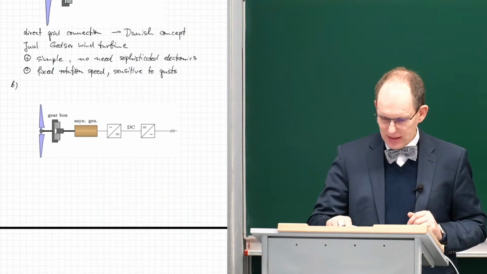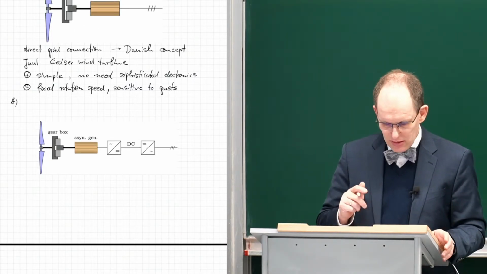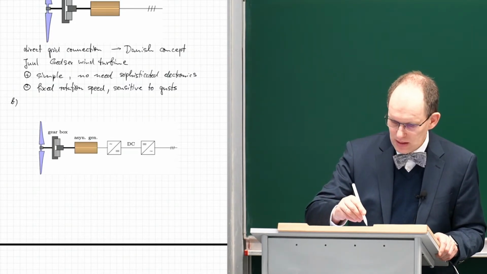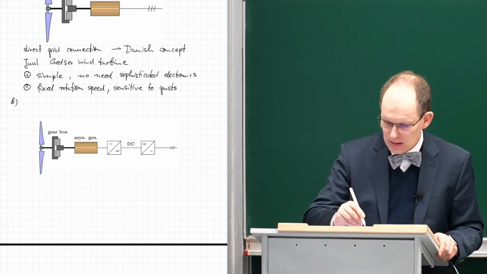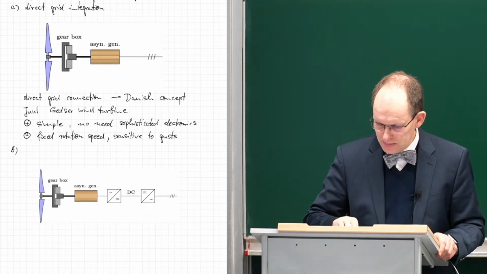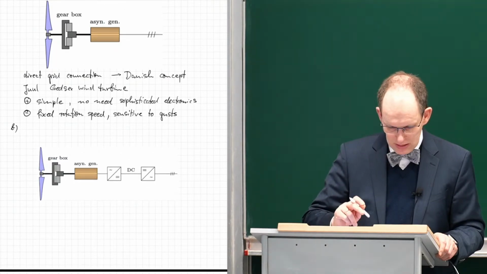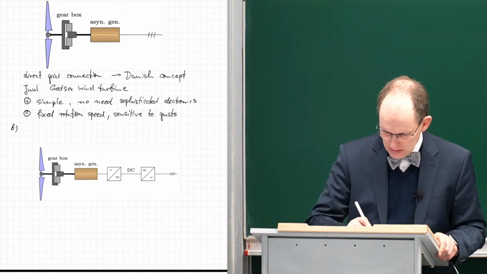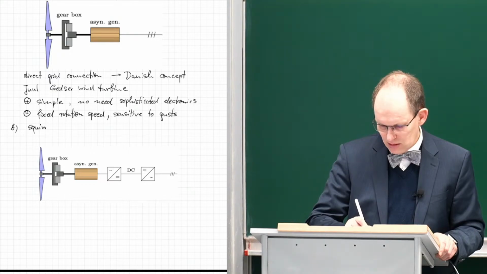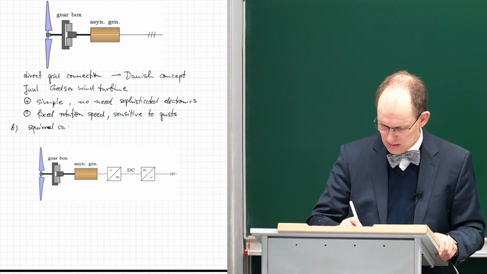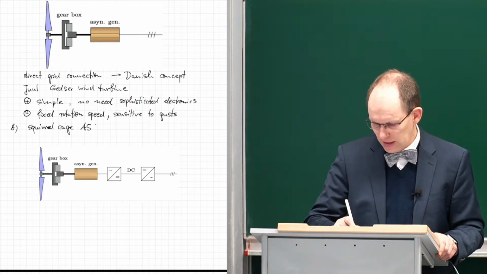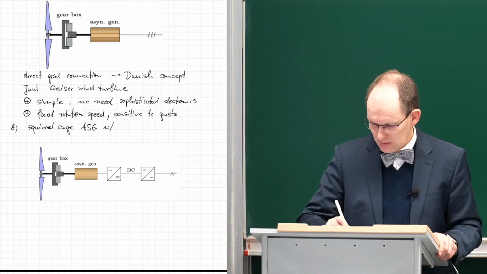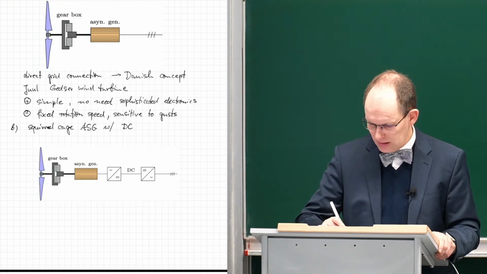So this can be done. Let's write that up. So a squirrel cage asynchronous generator with DC conversion.